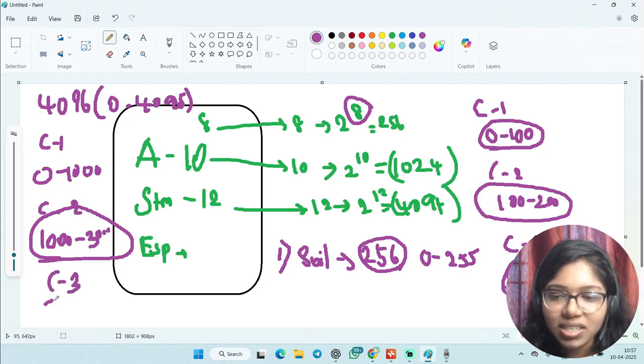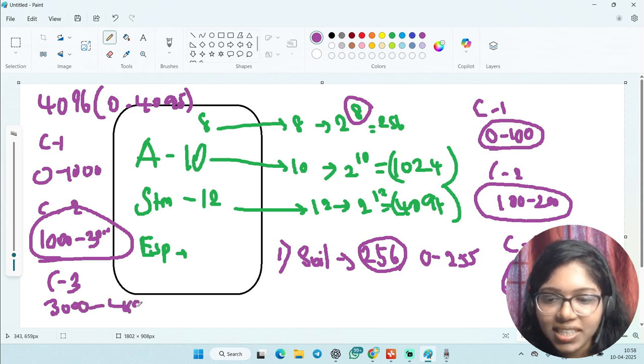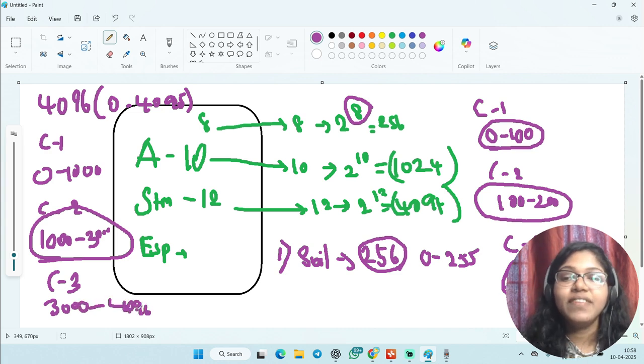The third condition is 3000 to 4096. If it has that value, 3000 to 4096, there is an enormous moisture level in your soil.